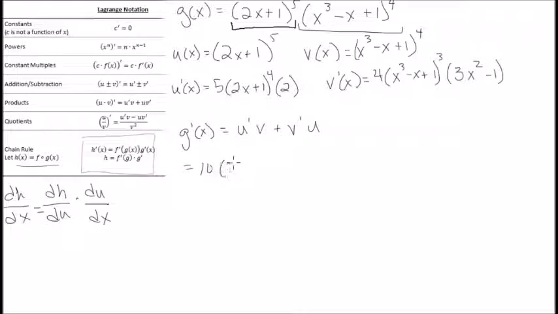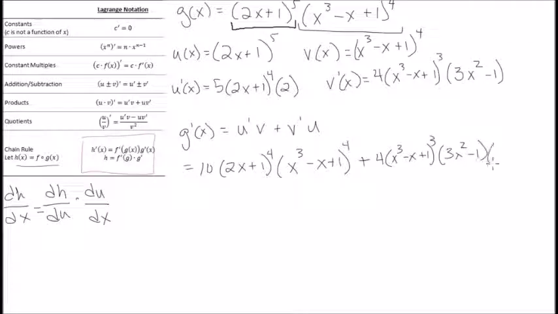I get 10 times (2x + 1) raised to the 4th power times v, (x³ − x + 1) raised to the 4th power, plus the derivative of v, 4 times (x³ − x + 1)³ times (3x² − 1) times u, which was (2x + 1) raised to the 5th power.